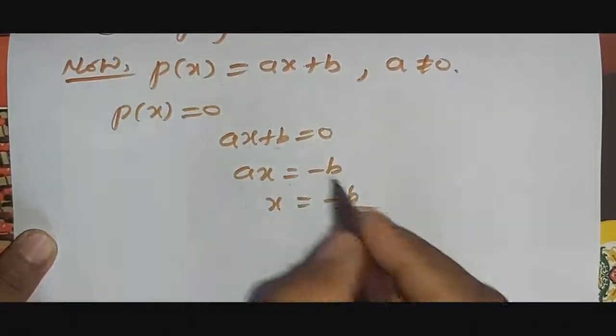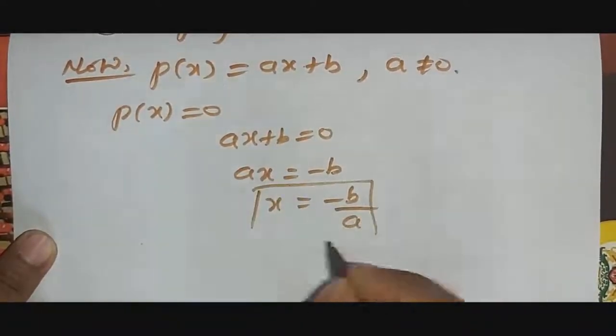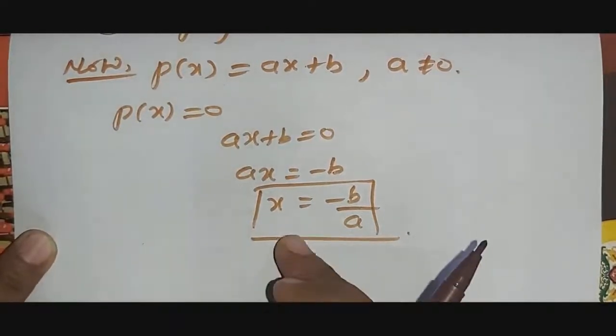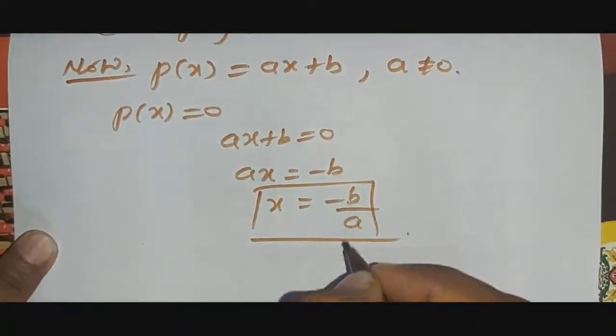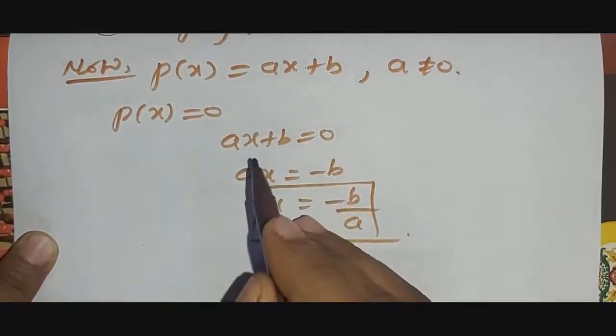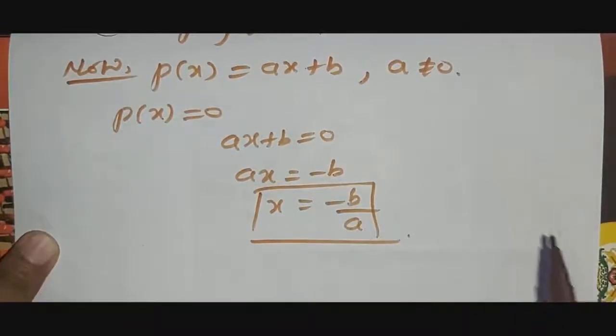If you put this value in the equation, we will get the polynomial as 0. x is equal to minus b by a is the only 0 of the polynomial. A linear polynomial has one and only one 0.